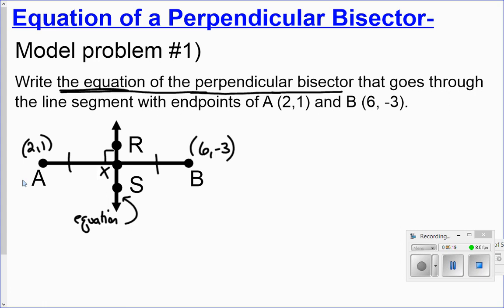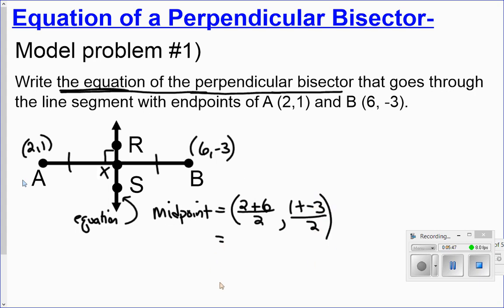Remember, to find the midpoint, we average the x values and we average the y values. So the midpoint is, let's start with the first x value of 2, and let's add the second x value and divide that by 2, and then do the same thing with the y's. So 1 plus -3, and we'll divide that by 2.